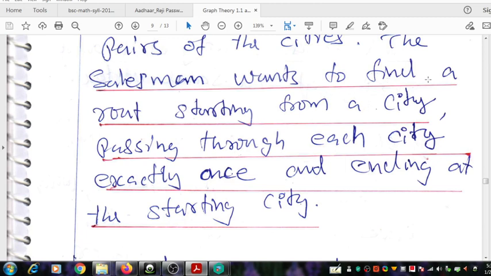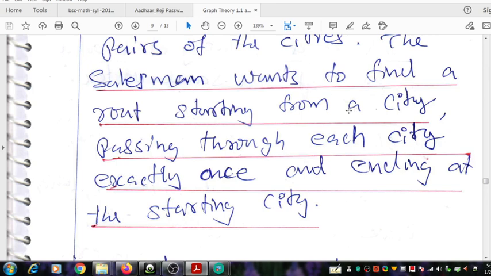The salesman wants to find a route starting from a city and passing through each city. He must start from a city of his choice, whichever city he likes.